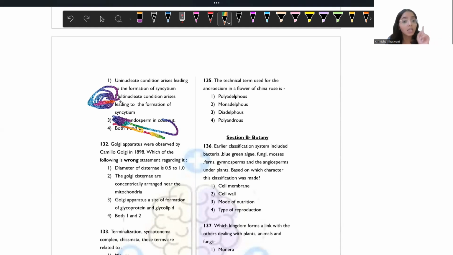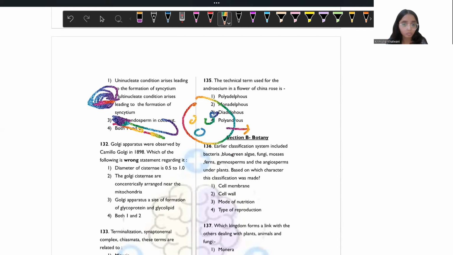If liquid endosperm was given, then the answer would be both 2 and 3, because liquid endosperm is also due to lack of cytokinesis. It is a multinucleate condition with one cytoplasm. But here the option is only endosperm in coconut and not liquid endosperm. So that is why the answer is the second option. There is a printing mistake.